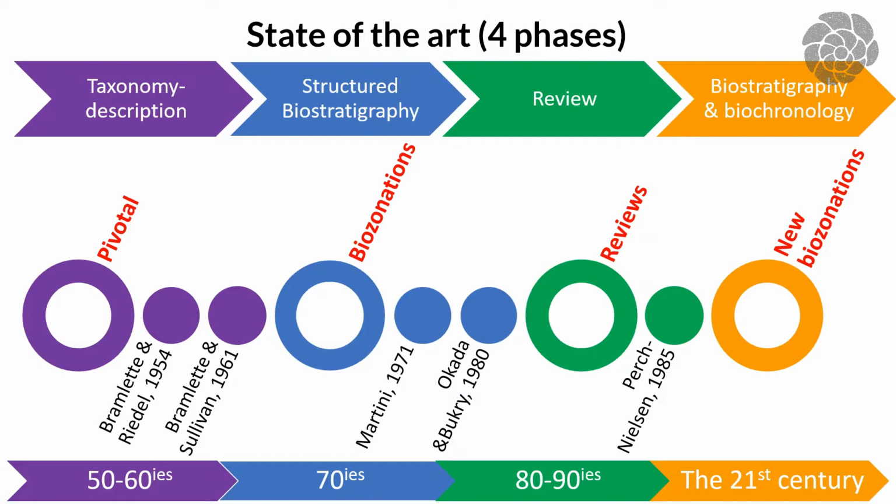And then the last phase occurred in the 21st century, and is characterized by the idea that having a firm biostratigraphic framework is good, but we also need to know the ages of our biohorizons. So biostratigraphy should be implemented with biochronology.